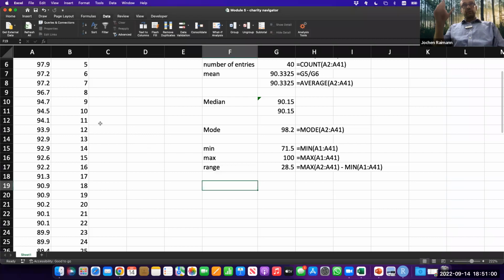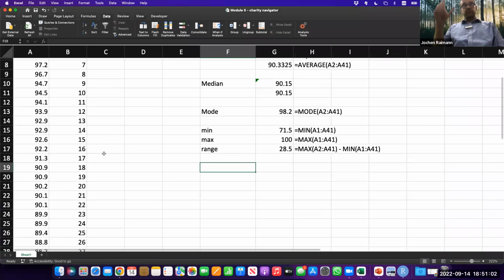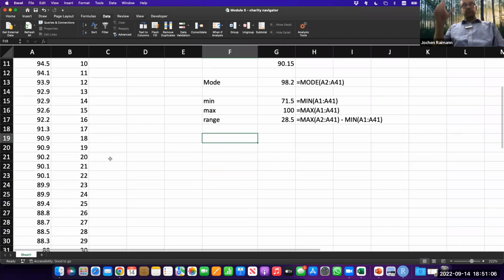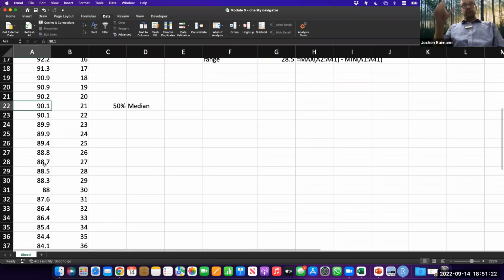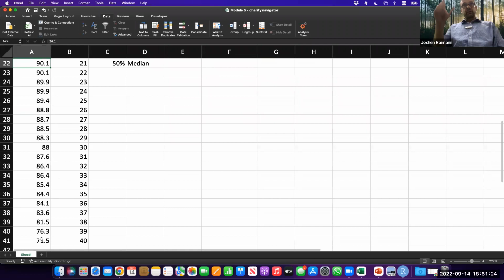So here, our 90.15 at A21, this is 50%. Look at the median of A2 to A21. Exactly. So let's start with the lower entries.